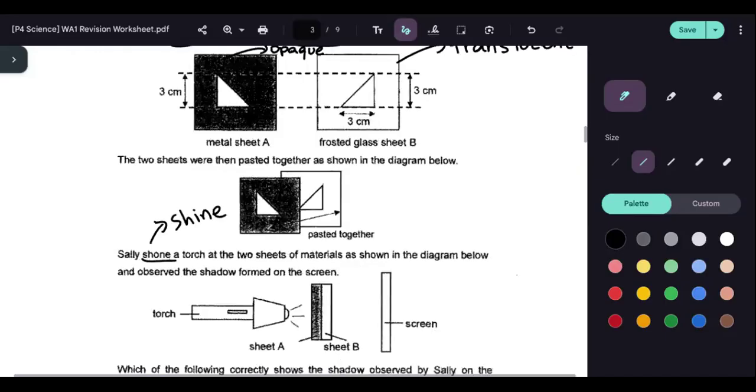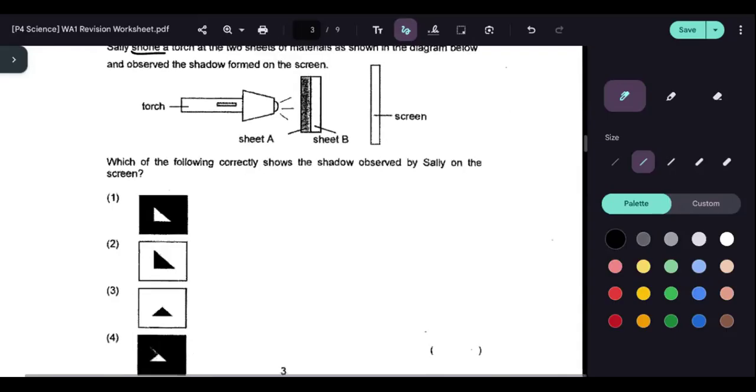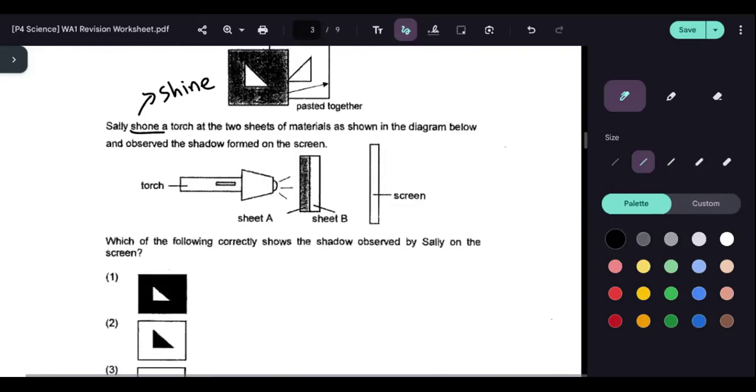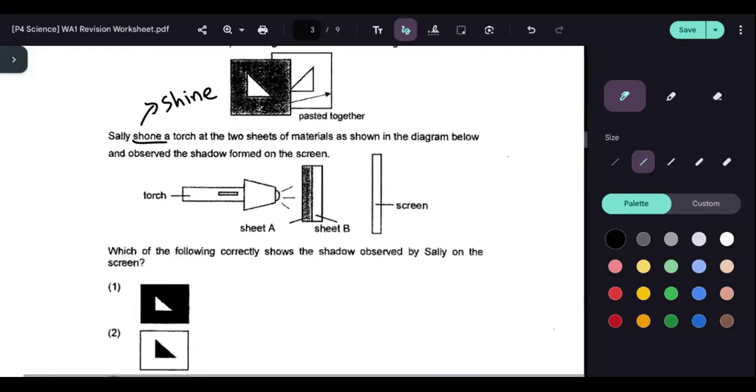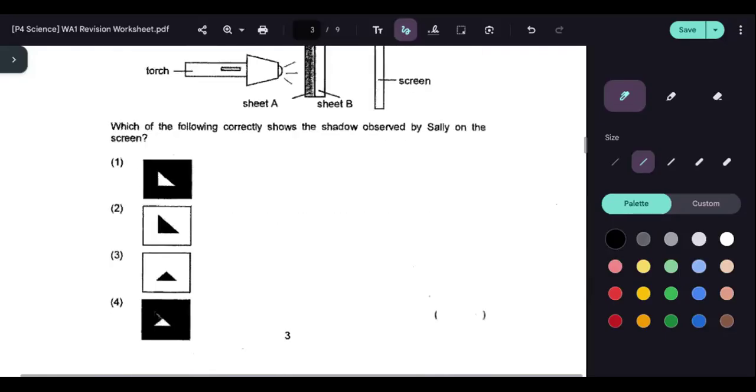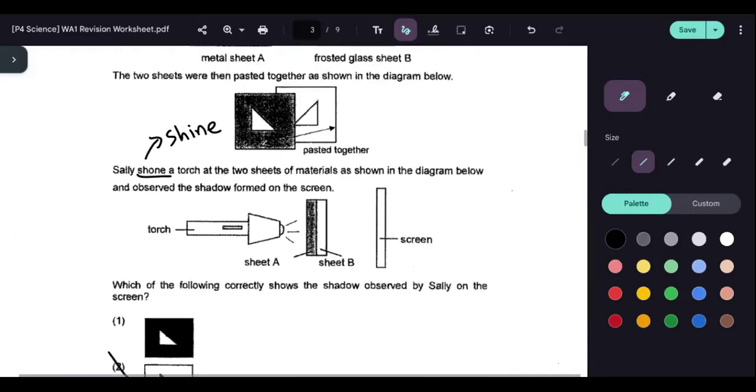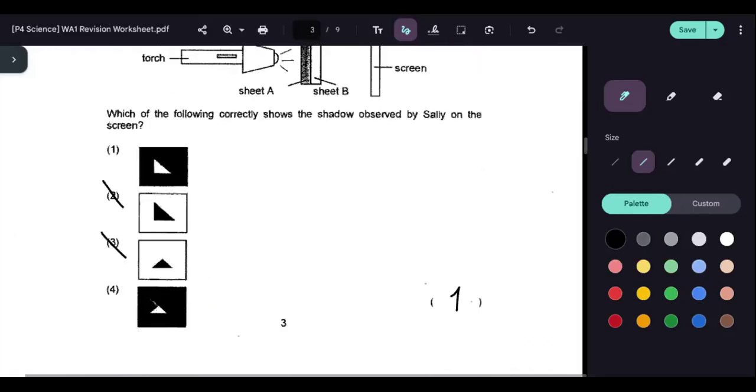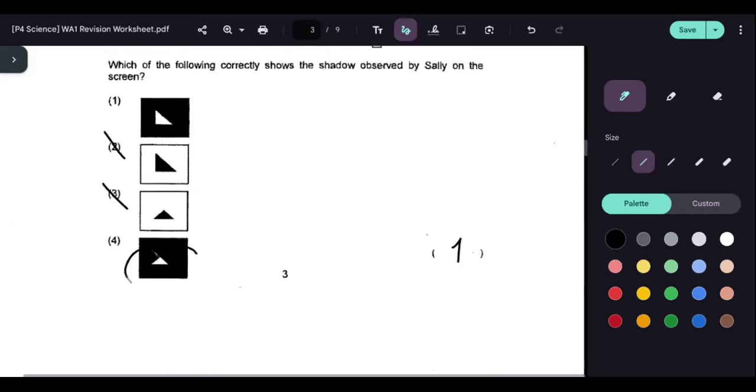So because of the metal, the correct answer is either 1 or 4. Then ask me, but which one is it then? Answer is 1 because number 4 is already out of shape.